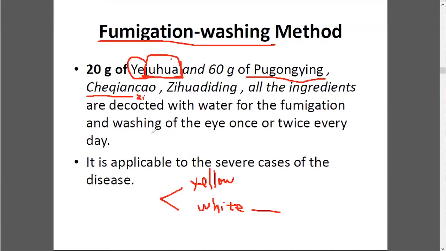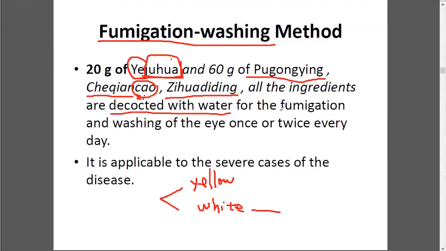But 车前草 just means grass, the whole grass. 车前草 can still clear heat and toxins. And 紫花地丁 also clears heat and toxins. So all the ingredients are put together and cooked, decocted with water.